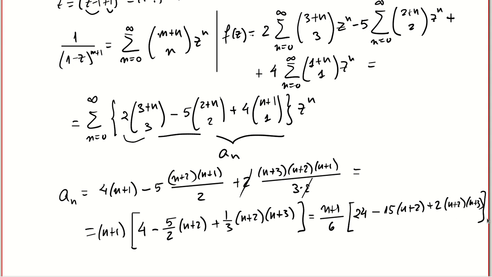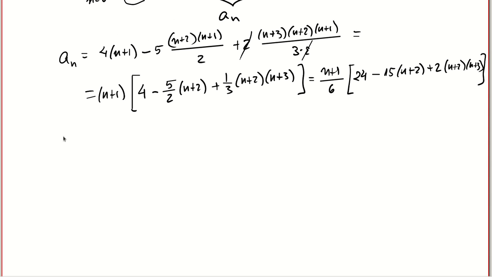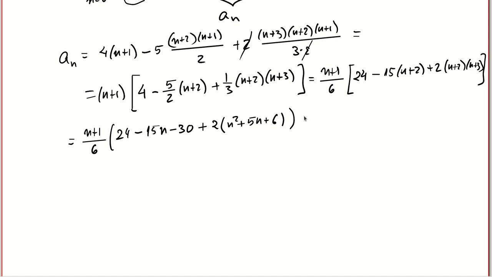Okay, so now we just need to expand this. So this is equal to (n plus 1) over 6 times 24 minus 15n minus 30, and then plus 2 times (n squared plus 5n plus 6), right? Which is 2n squared plus 10n plus 12.